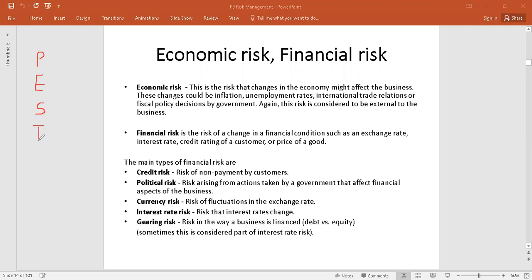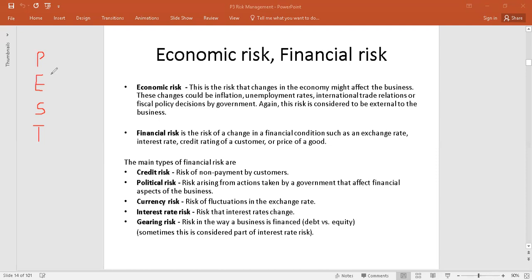So PEST: political and legal together. Economic is the second one, and economic is also external. So this is an external analysis of the external factors which affect the business. These things have to be considered before a strategy is decided. So E falls under the category of external factors, the economic factors.